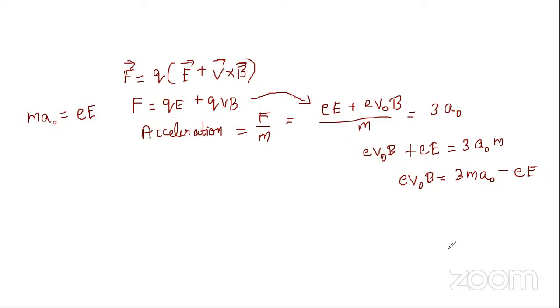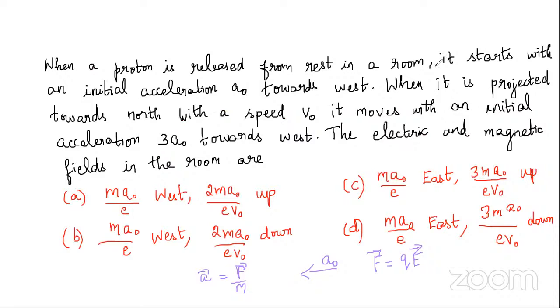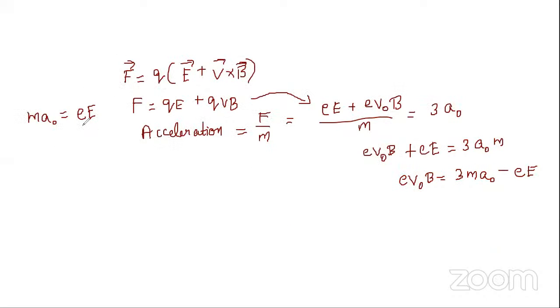So here you can do e v naught B equal to 3m a naught minus, instead of e into capital E, m a naught. So e v naught B equals 2m into a naught.